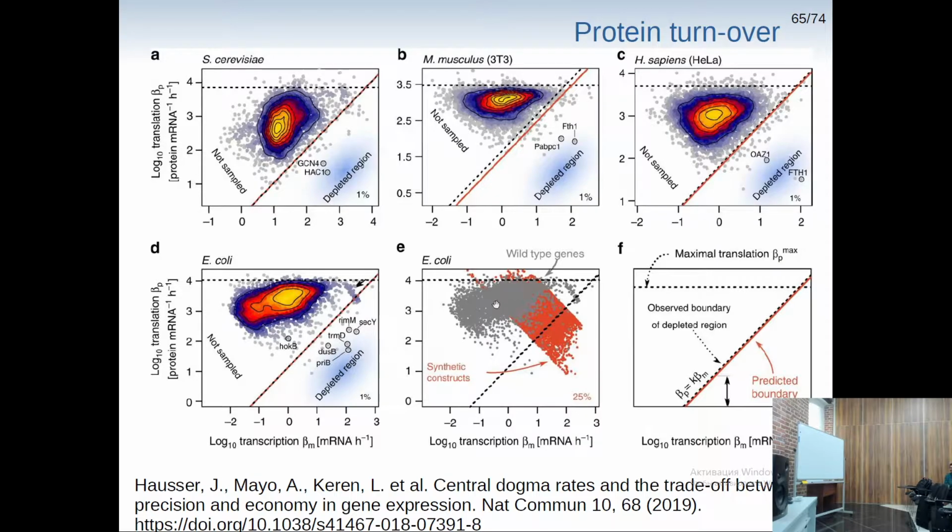All right. Then, as you can see, there are some proteins which are here, which have, for instance, a lot of transcription, but only some amount of translation. What do you think about these proteins? What will be the characteristics of such proteins which have such an unusual ratio between transcription and translation?